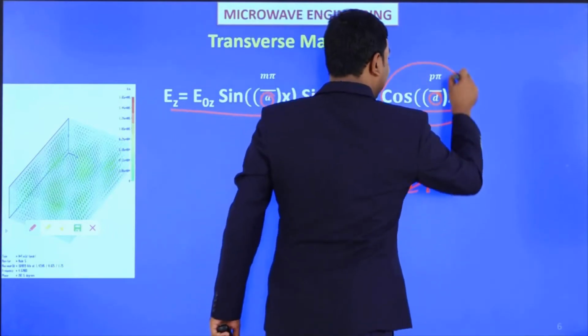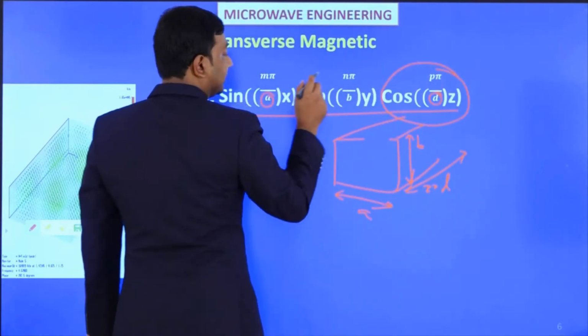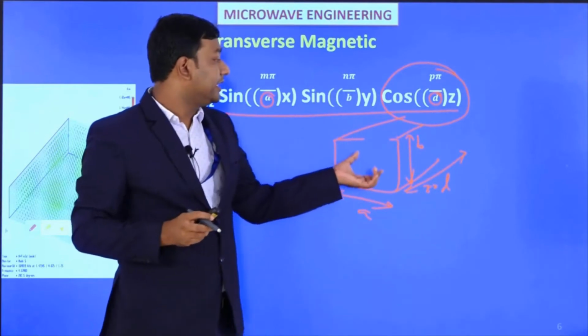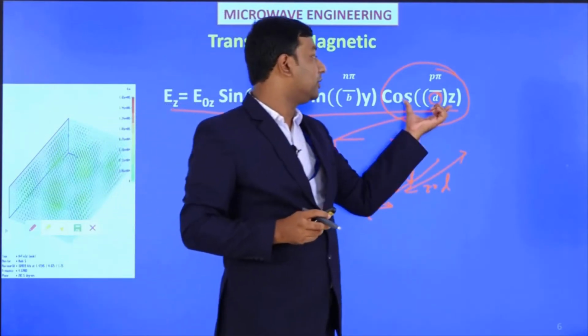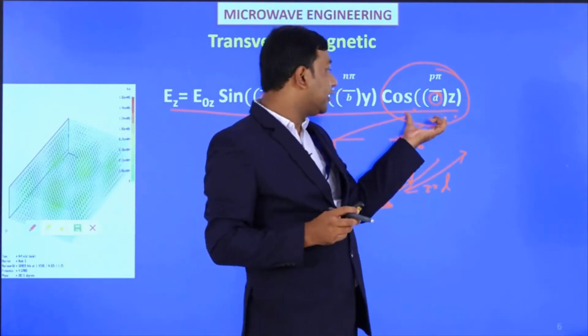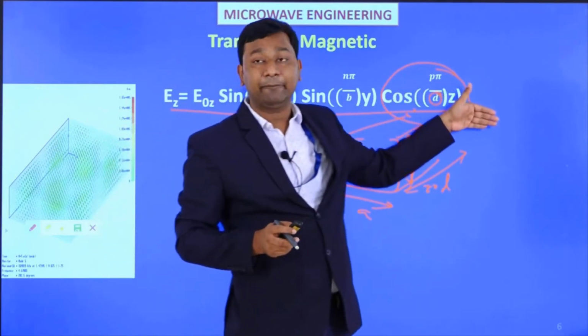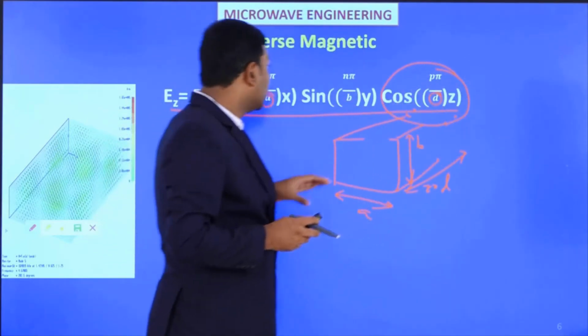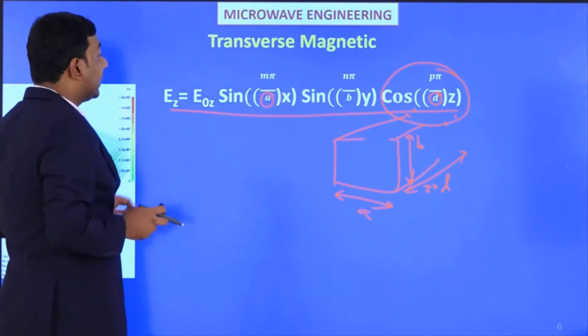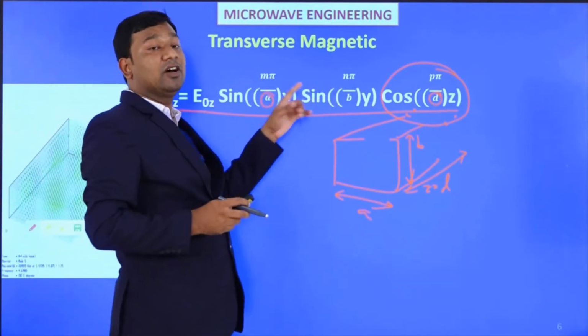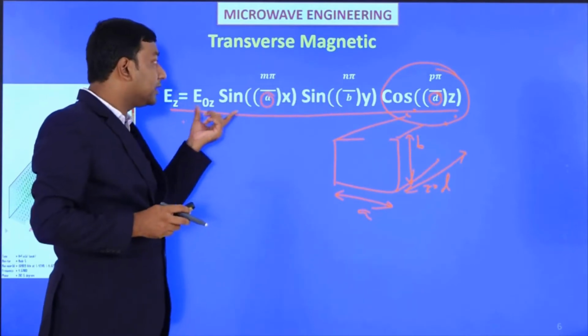This is the change between the rectangular waveguide and the rectangular cavity resonator. We can find these terms by using the boundary condition at this plate and that plate. So that is the equation for the transverse magnetic case of a rectangular cavity resonator.